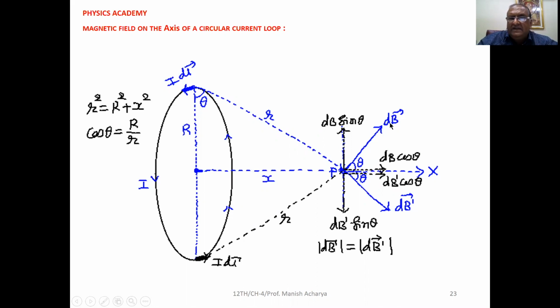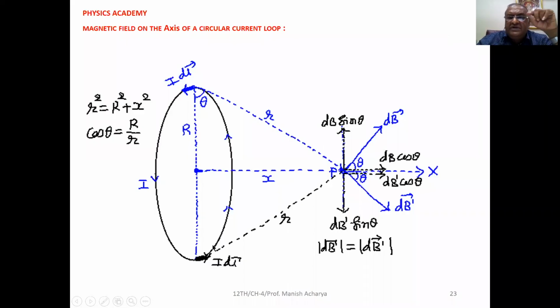So we can take two components of this magnetic field dB: one is dB cos theta, which will be along the x-axis, and another is dB sin theta, which will be perpendicular to the x-axis. Clear to all of you?